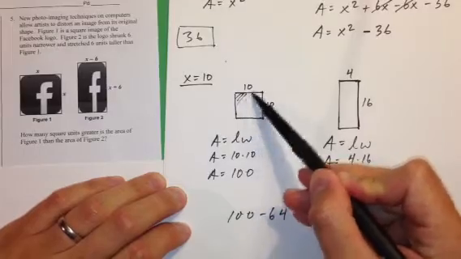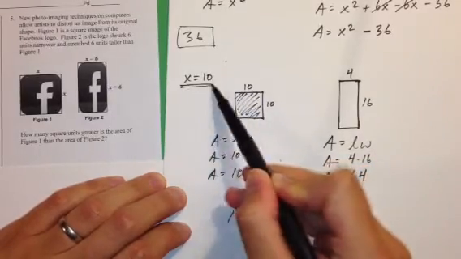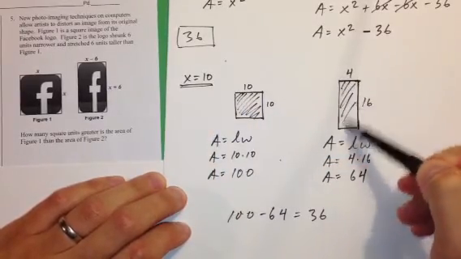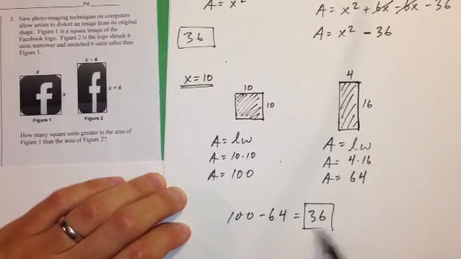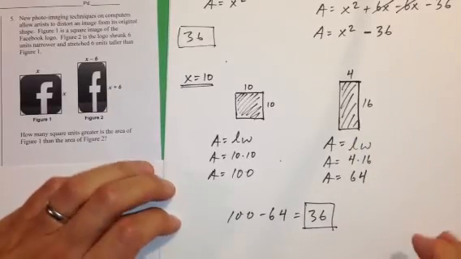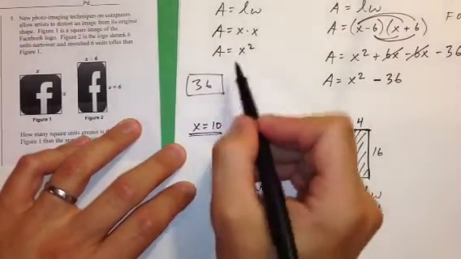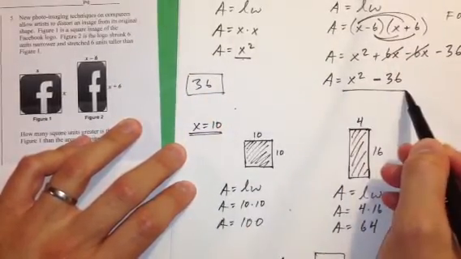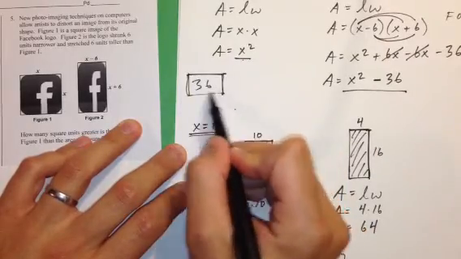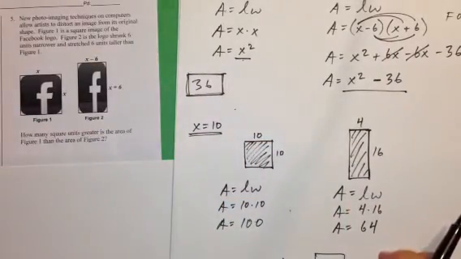And we did this example by picking just an example for x is 10 to show you that the difference is 36, but that is the exact same number that we got just by comparing our expressions x squared and x squared minus 36 when we were calculating our area for the expressions for area for Figures 1 and 2.